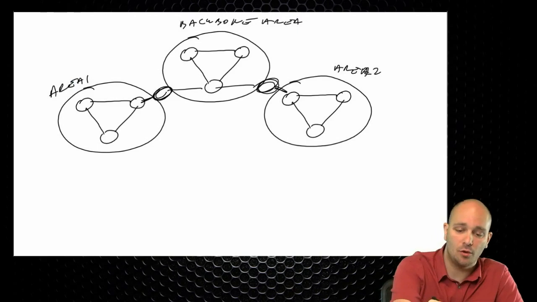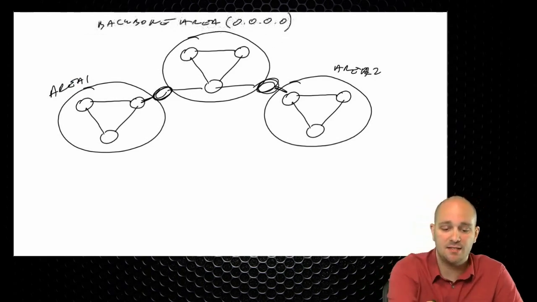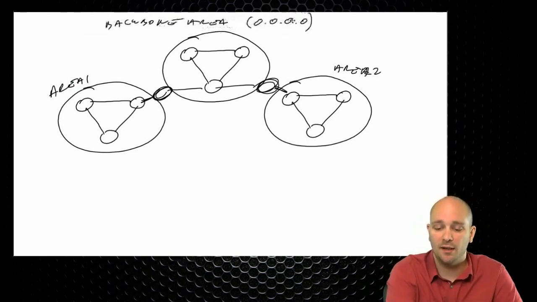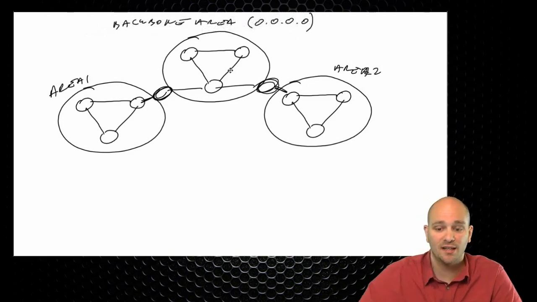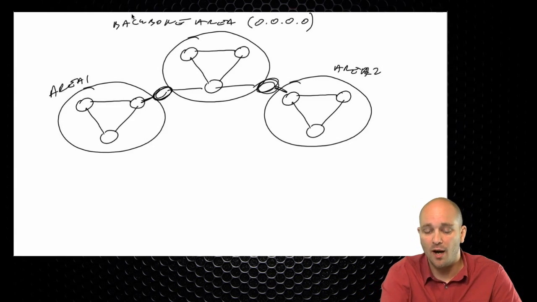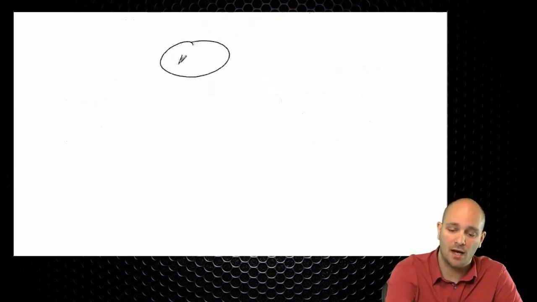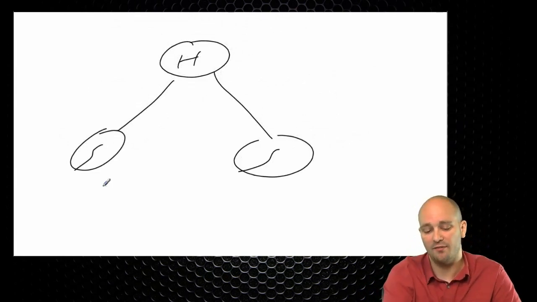Backbone area in OSPF, of course, is area 0. Technically speaking, it's area 0.0.0.0 because area IDs are also 32-bit numbers, but in IOS we can just call it area 0. Basically, what OSPF requires us to do here is to implement a hub and spoke at the area level.